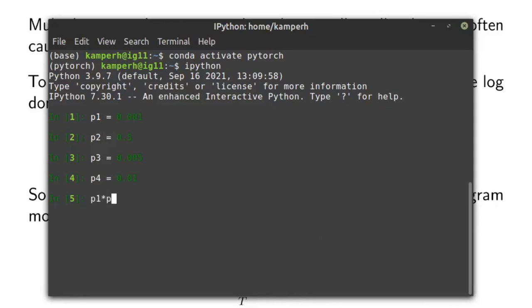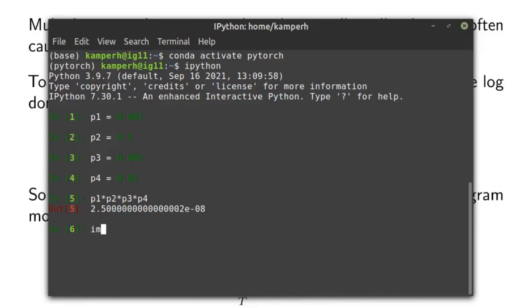Then if you multiply these together, you actually end up with a pretty small number, 2.5 times 10 to the minus 8. So that's 0.00000, a bunch of zeros, then 25. And these are just 4 probabilities. If you've got a sentence with 10 words, then you're going to multiply 10 things together, and very quickly you're going to run into underflow problems.